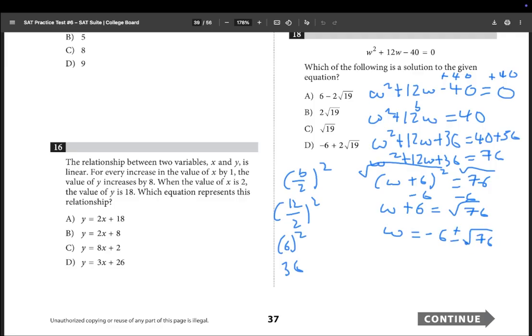As we square rooted 76, we have to have a plus or minus. And then we simplify this root 76. So we have negative 6 plus or minus the square root of 4 times 19. And so we have a perfect square right here, so we can factor this out as a 2. So we have negative 6 plus or minus 2 root 19, making our answer D.